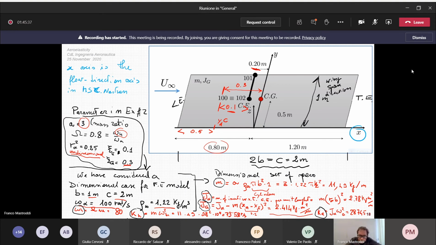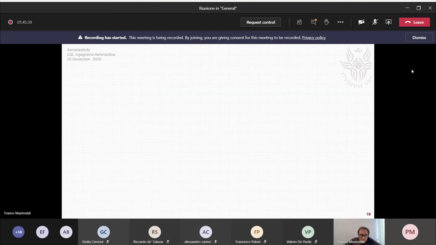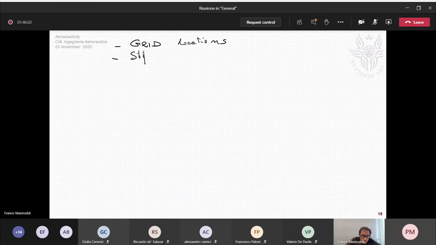For the Nastran evaluation, we have to define the grid location, the stiffness of the springs, mass, and moment of inertia.